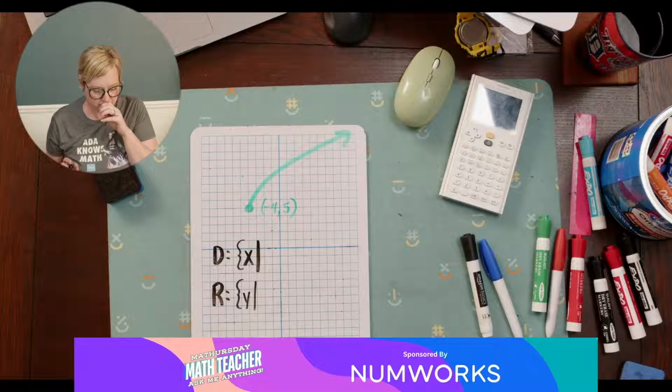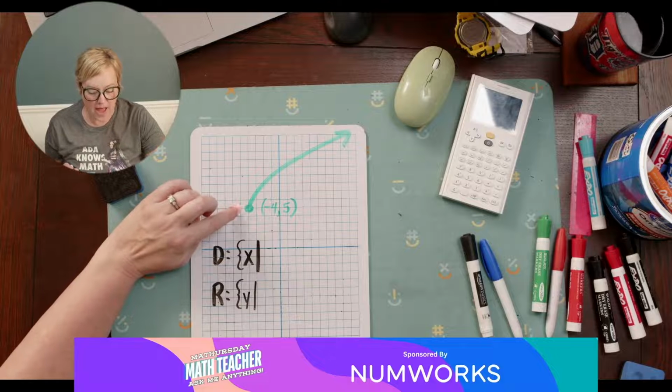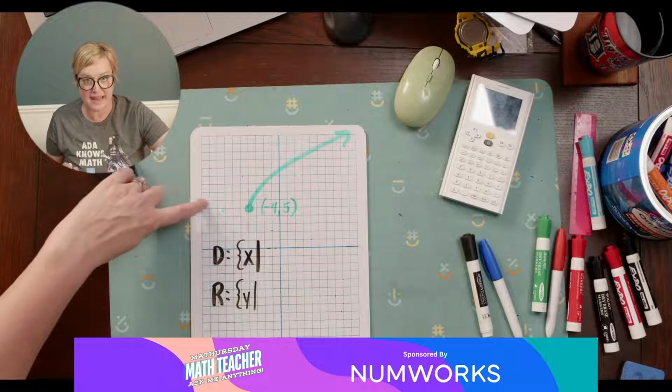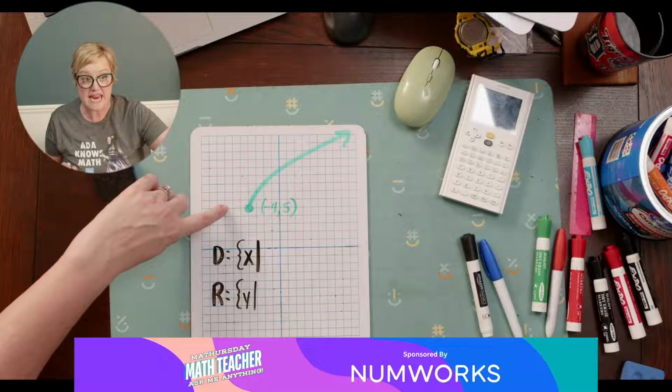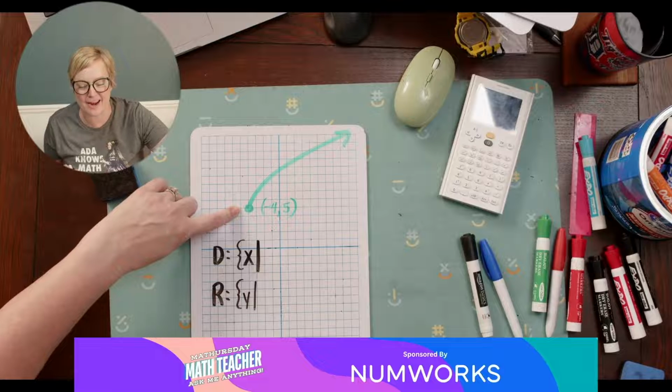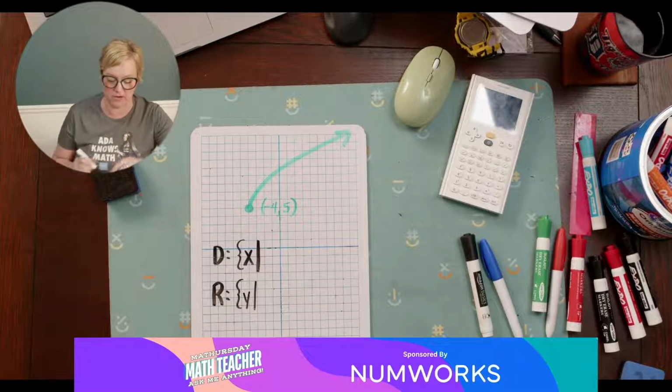Looking at this, I don't have an x value that's going to be less than -4, right? -4 is my lowest x value, okay?